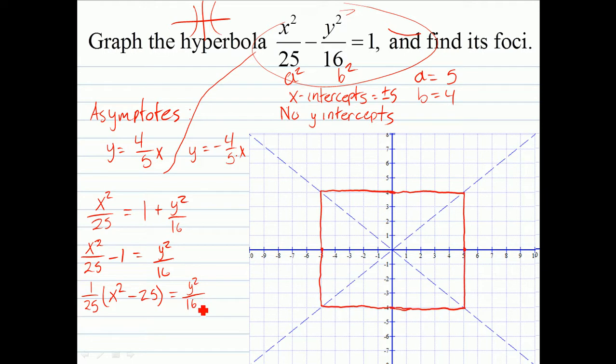Then if I take the 16 to the other side, that's going to be 16/25 times x squared minus 25 equals y squared.